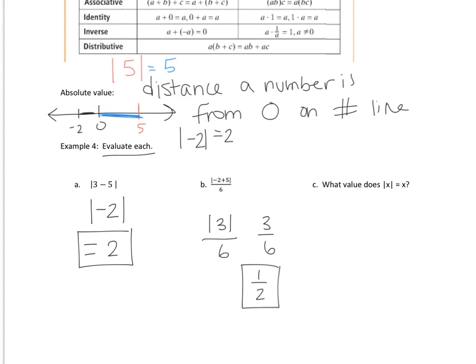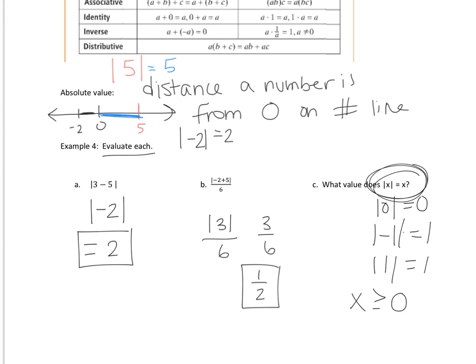Letter C, what value does the absolute value of x equal x? So the absolute value of 0 is 0. I know that works. The absolute value, I'm going to try negatives. Nope, that doesn't work. Try positive. Yep, that works. So this would be all numbers that are greater than or equal to 0 would work.